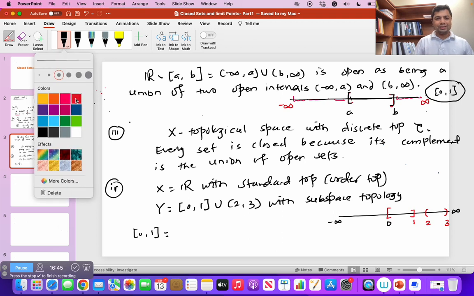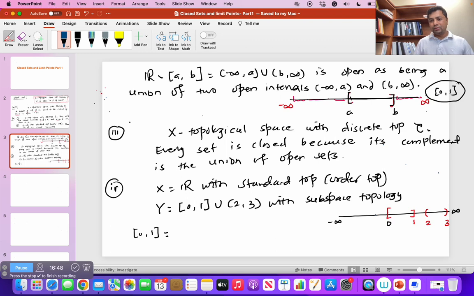So here, let's say this one is -1 and that one is 1.5. The open interval from -1 to 1.5 is a basis element in the standard topology, so obviously it is an open set, an element in the standard topology.